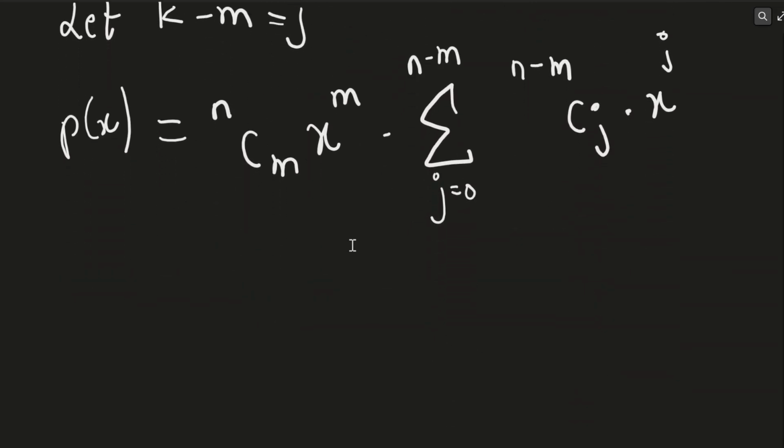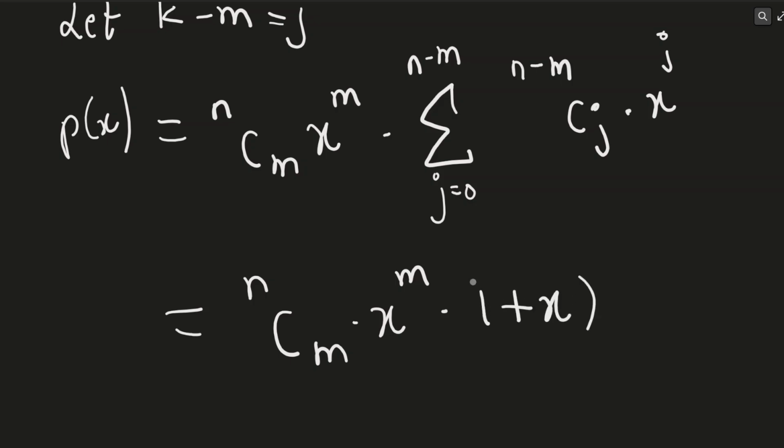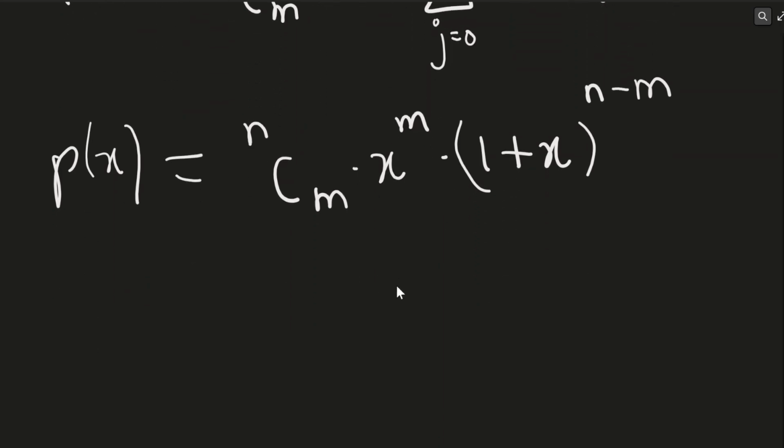This is nothing but 1 plus x to the power n minus m expansion. So this is what we finally get, 1 plus x to the power n minus m. And this is p of x that we get. And now you can easily find the roots of it. We see that one root is 0 and the other is minus 1.